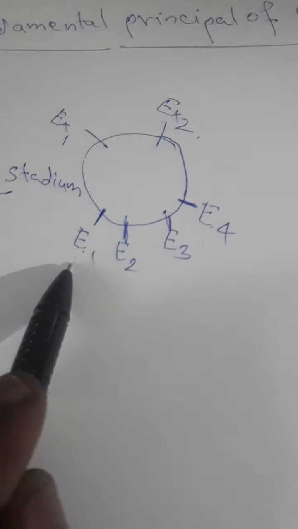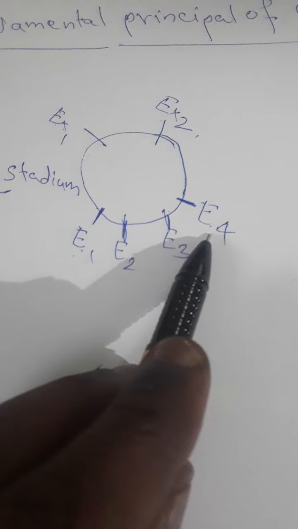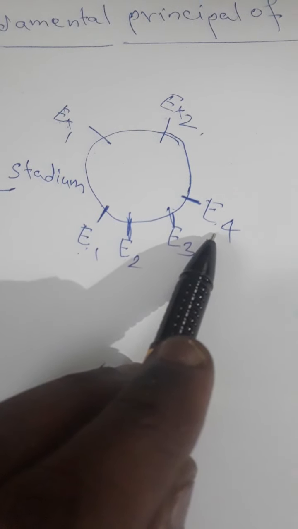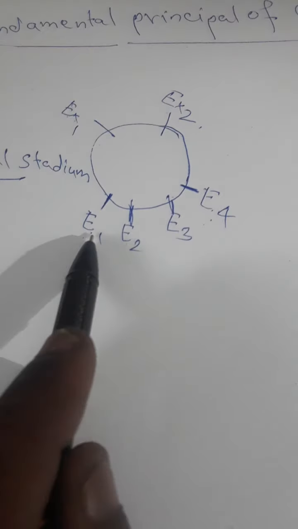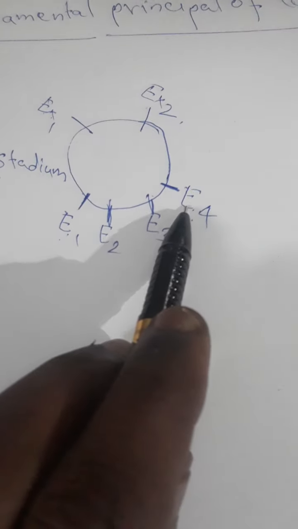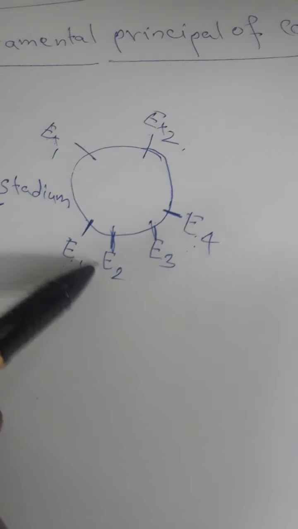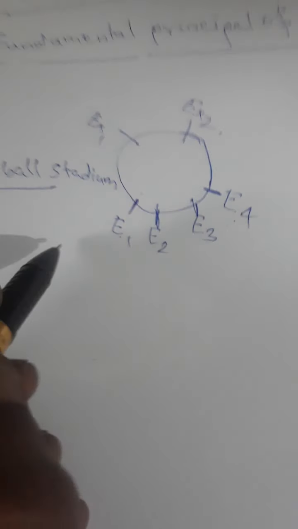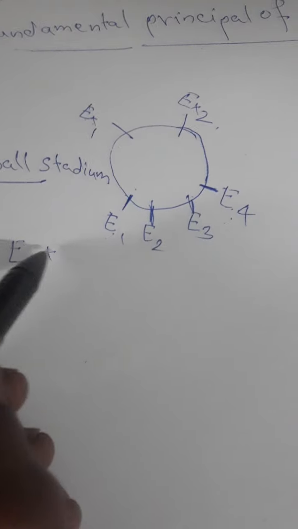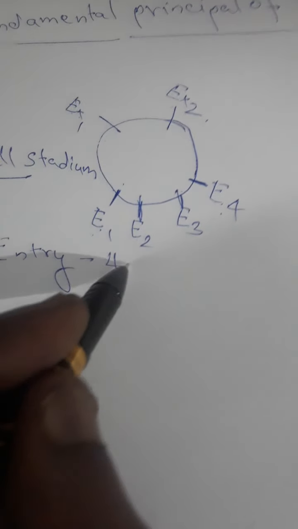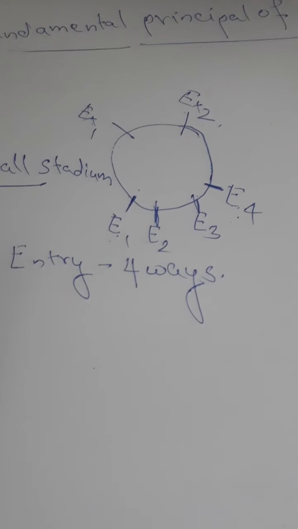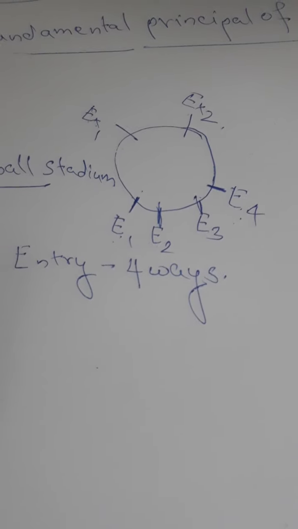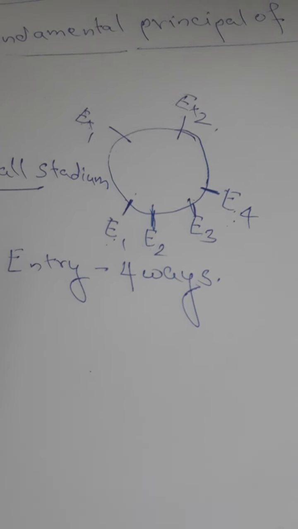You are free to enter through any one of these 4 entry gates, that is through any one of E1, E2, E3 and E4. So entry can be done in 4 ways. You can choose any one of the ways. The total number of ways that you can make the entry is 4.